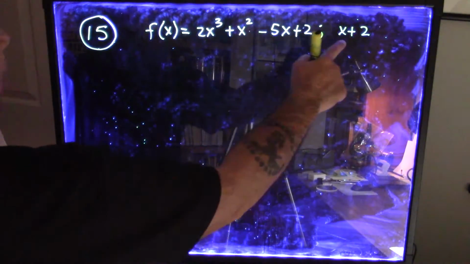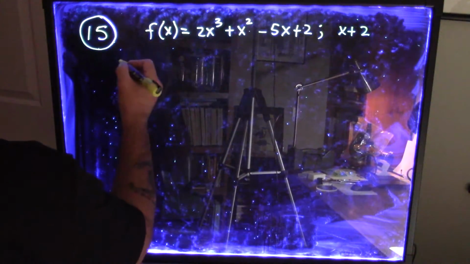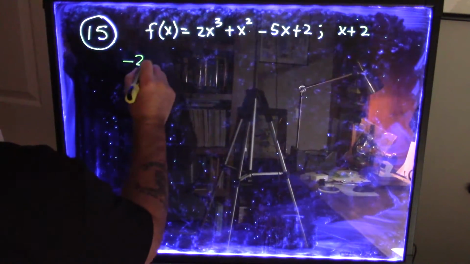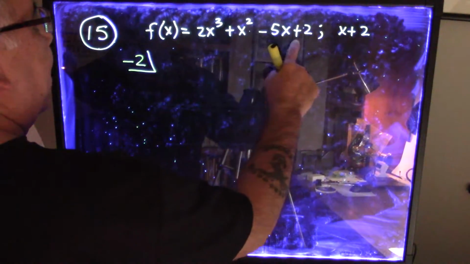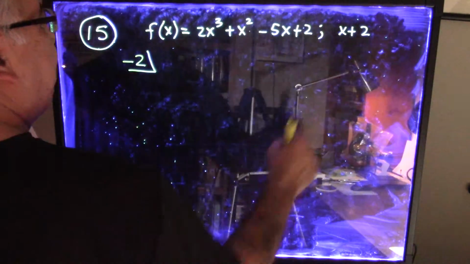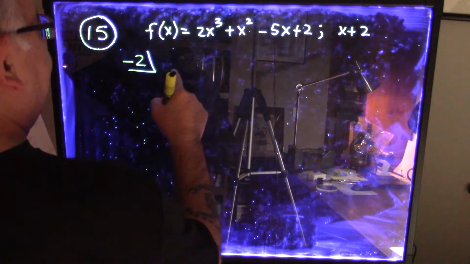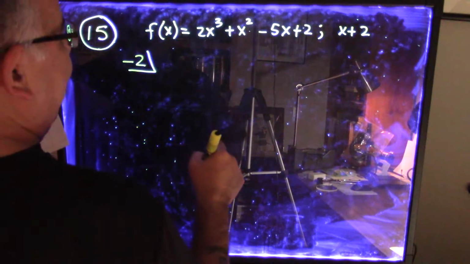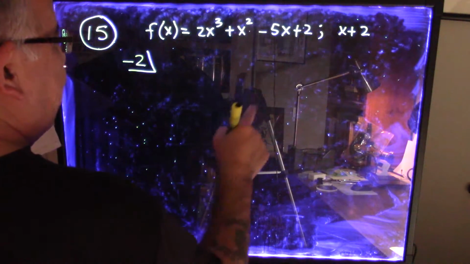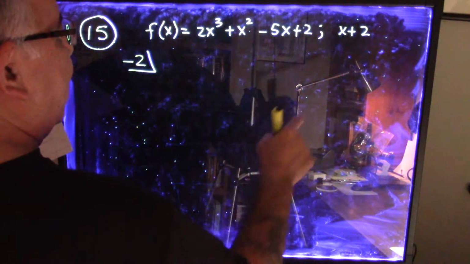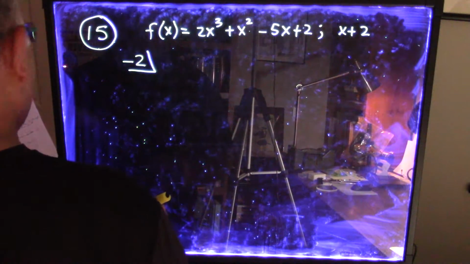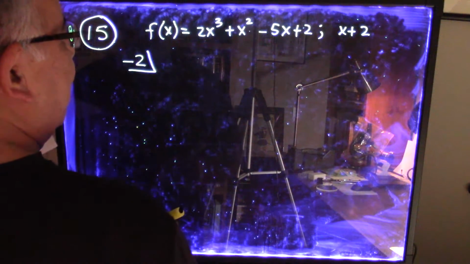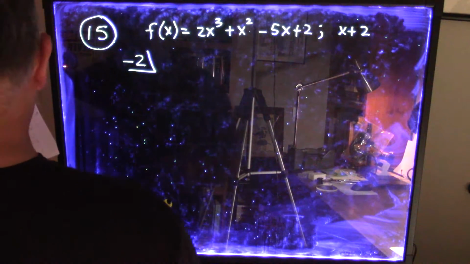So since this is a factor, we can divide like this. Use that minus 2. You're going to divide this polynomial by that, and then you're going to see what you get. We're expecting a remainder of 0 since this is supposed to be a factor. If we don't, then either the book's wrong or you made a mistake, or I made a mistake, okay?